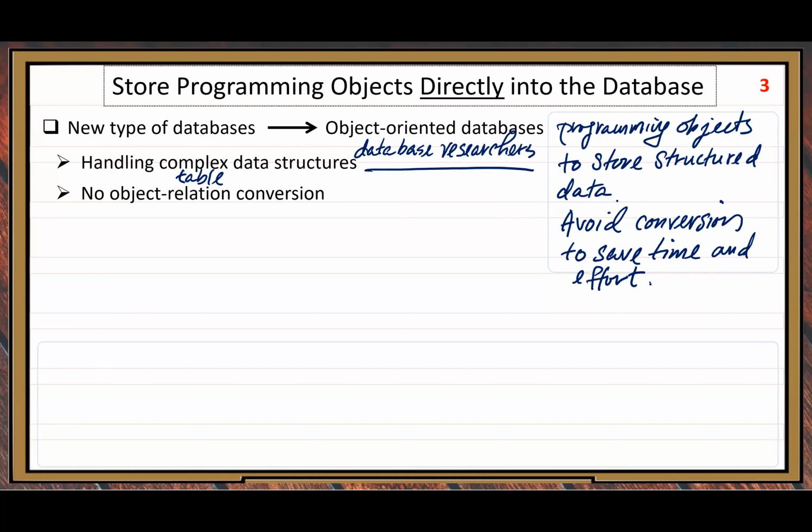Otherwise, before you can use your programming object, you need to do another round of conversion. So they claim they can store programming objects, typically complex programming objects, into the database tables directly, and two-way conversions can be avoided.